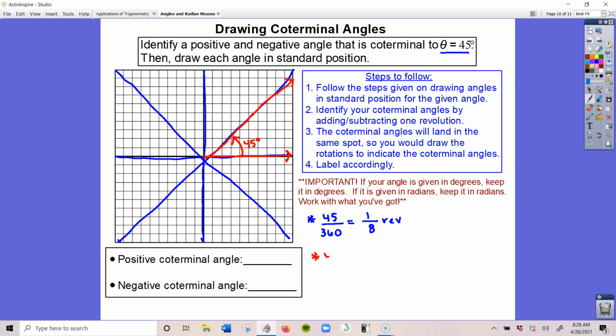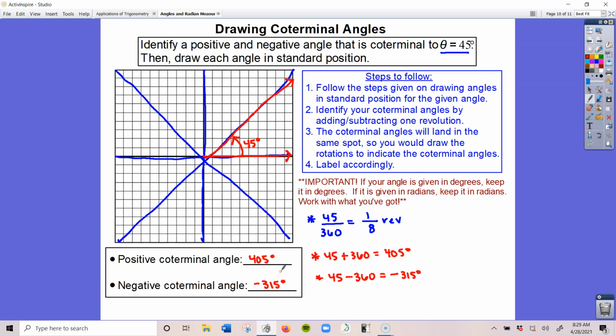To find a positive, we take the 45 degrees and add 360. When we add 360, we get 405 degrees. To find a negative coterminal angle, we take the 45 and subtract the 360 to get a negative angle. And 45 minus 360 is negative 315 degrees.